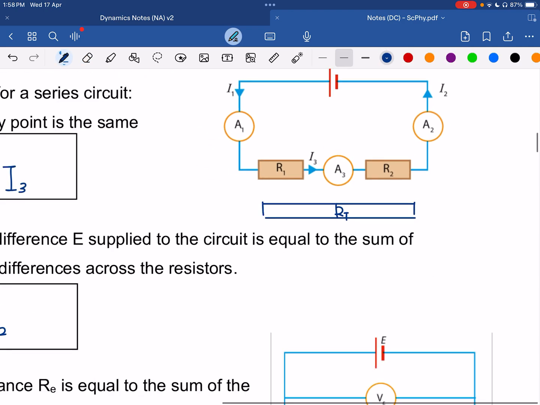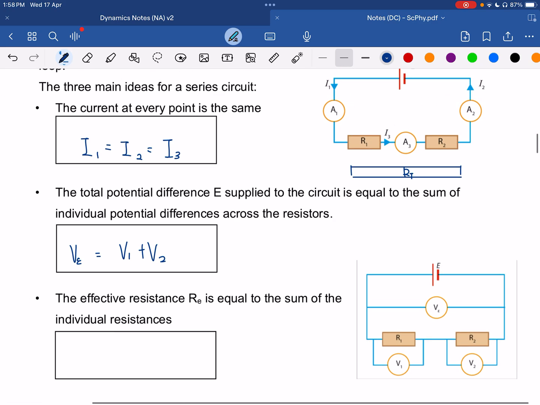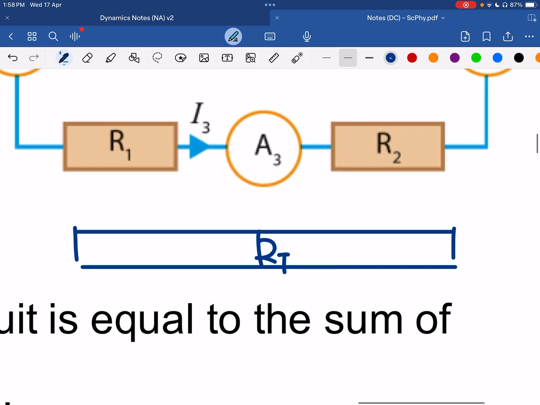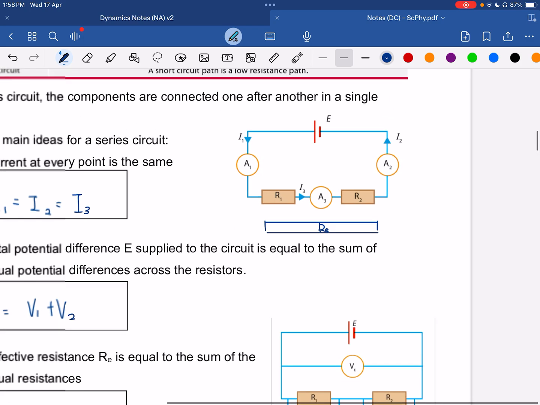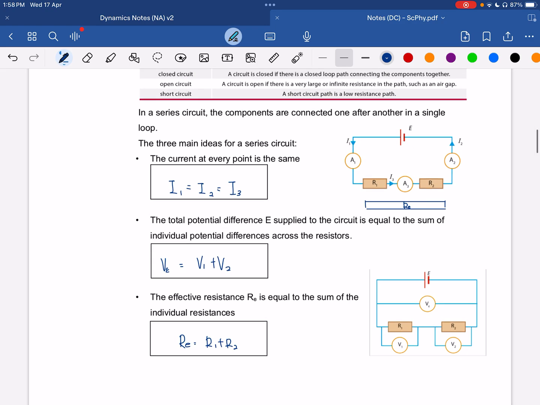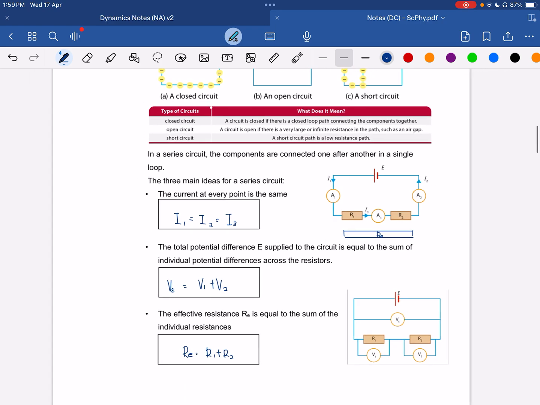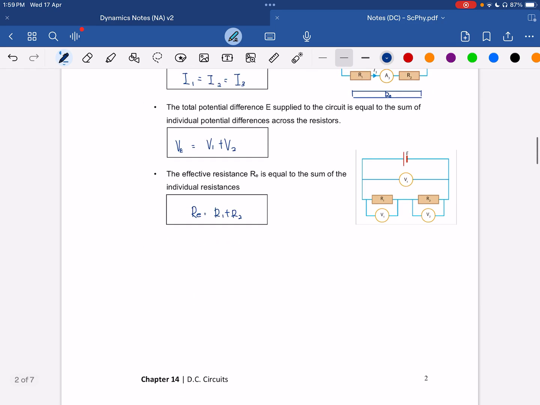Sorry, in this case, since they use RE for effective resistance, let's change it to RE. So RE will just equal the sum of the resistances. So RE equals R1 plus R2. So that's for a series circuit.